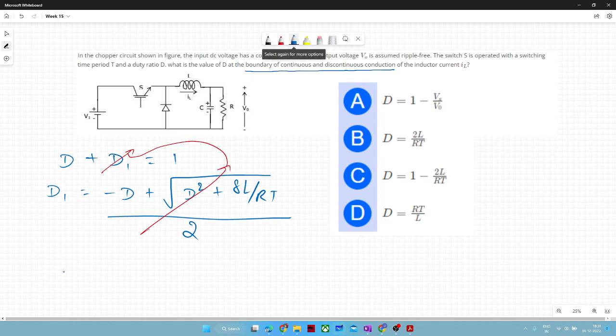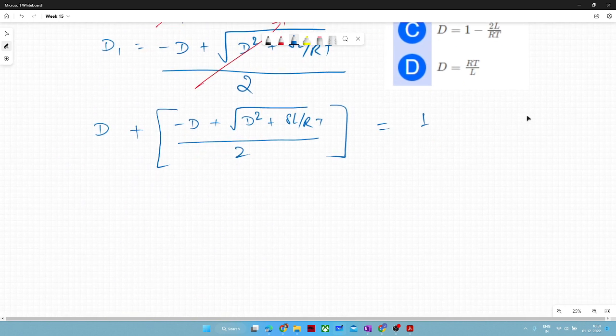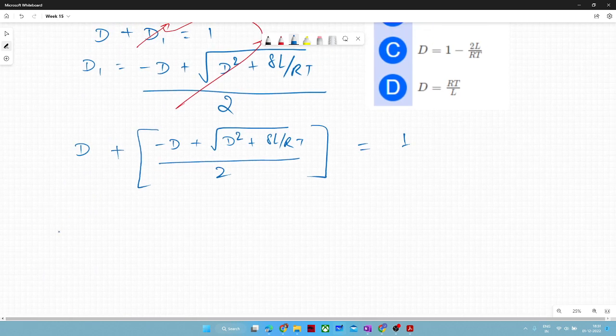So you will get D plus minus D plus square root of D square plus 8L by RT, all by 2, is equal to 1. And now you just need to equate this equation and you will get 1 minus D is equal to 2L by RT.